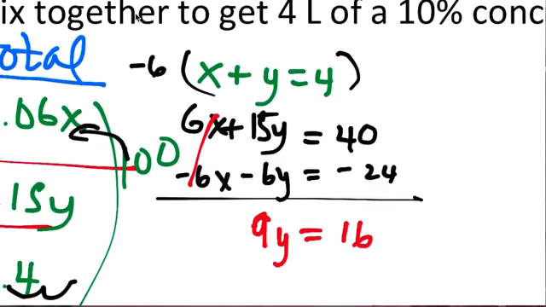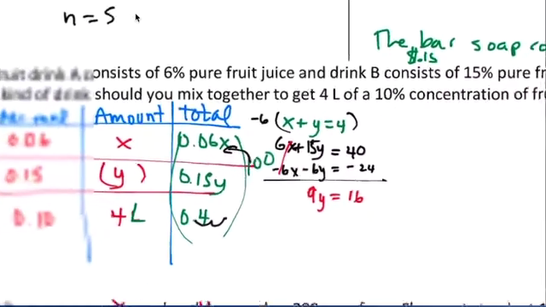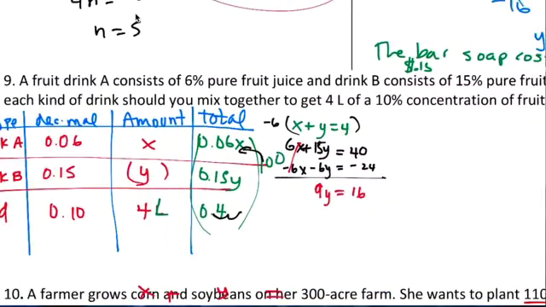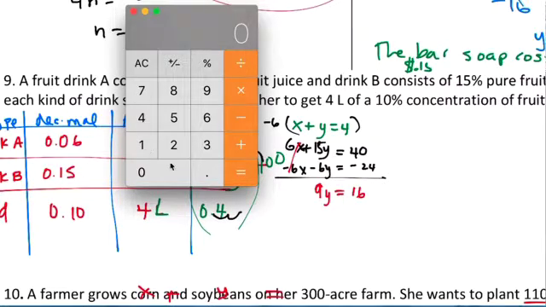Something's wrong. That doesn't look right. Okay, let's see. Making sure 0.10 times 4 is 0.40.